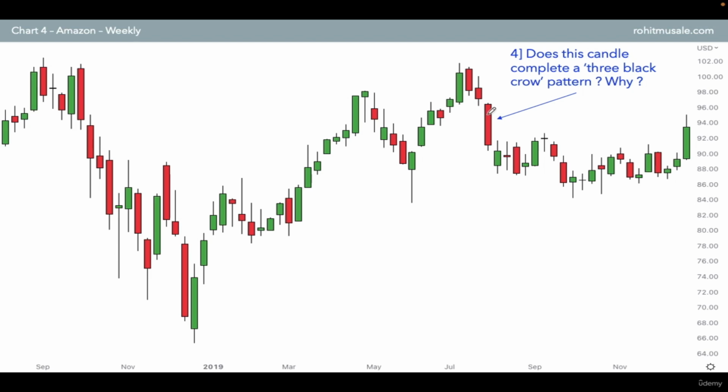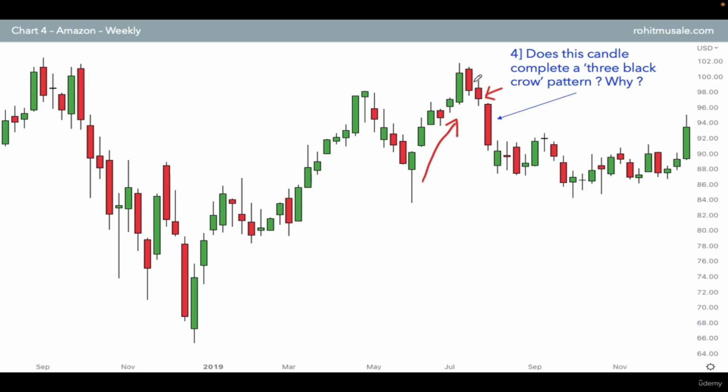Does this candle complete a 3 black crow pattern and why? The answer is no, because for a 3 black crow pattern, first it should come after an uptrend, which is okay. And the three consecutive red candles should be either equal in height or increasing in height. But in this case, the second candle height of the real body is smaller than the height of the prior red real body.